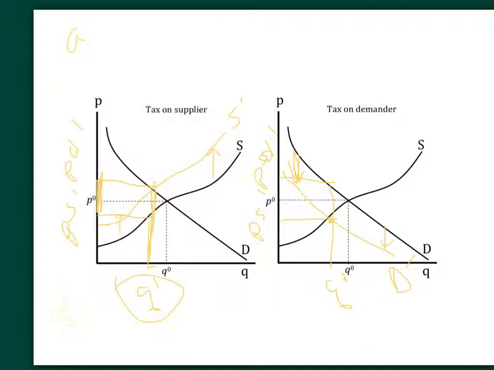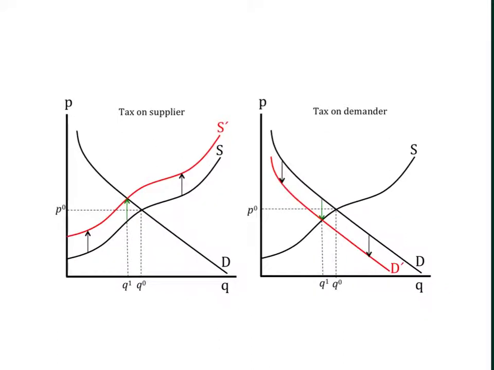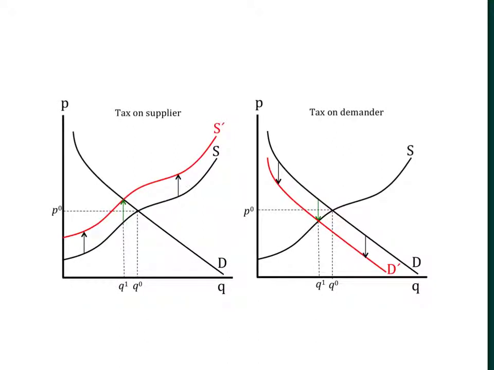That is, the demand price is the same whether the tax is placed on the demander or the supplier, and the supply price is the same whether the tax is placed on the demander or the supplier. And here's that same diagram drawn more neatly with a computer. You see the supply and the new supply curve is 50 cents higher everywhere.